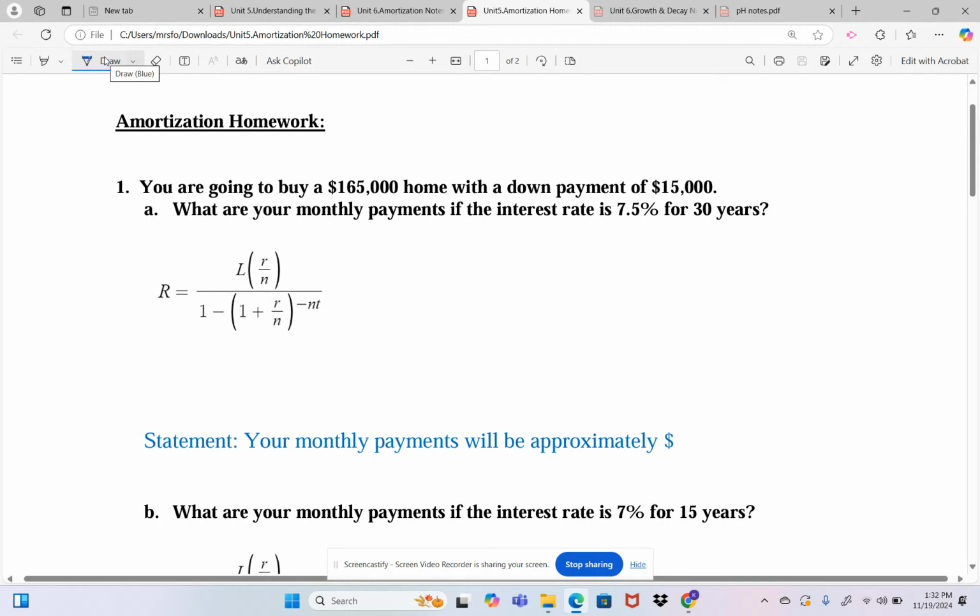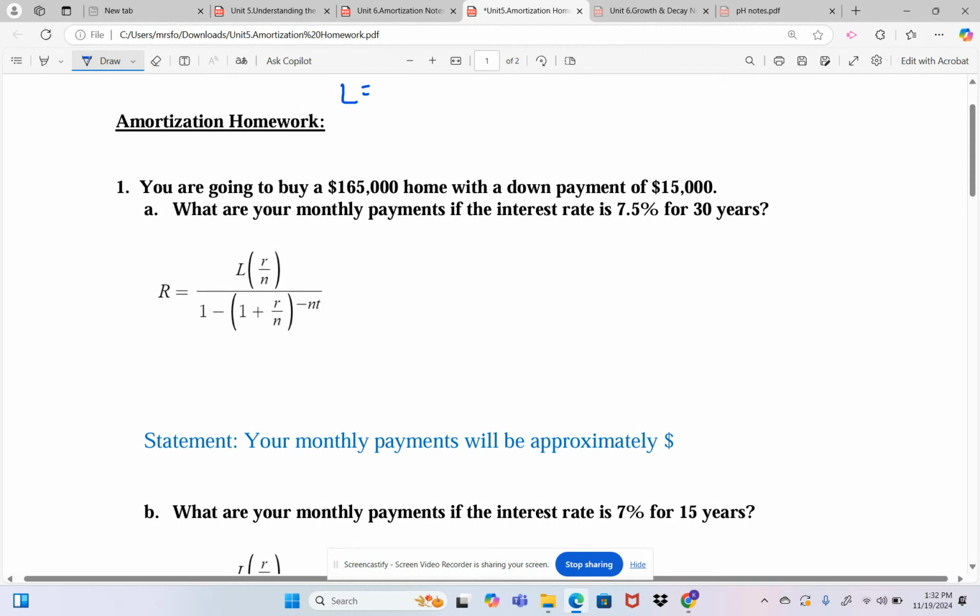It says you're going to buy a $165,000 home with a down payment of $15,000. What are your monthly payments if the interest rate is 7.5% for 30 years? So first, let's determine what the L is.